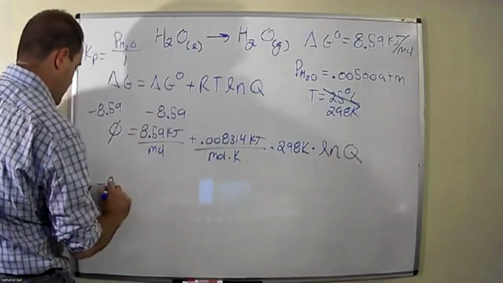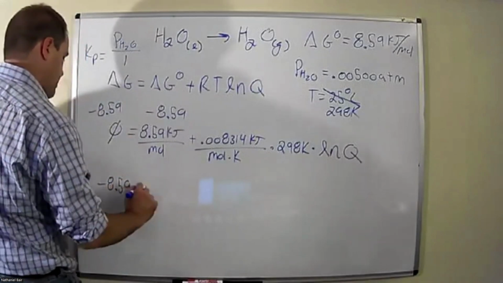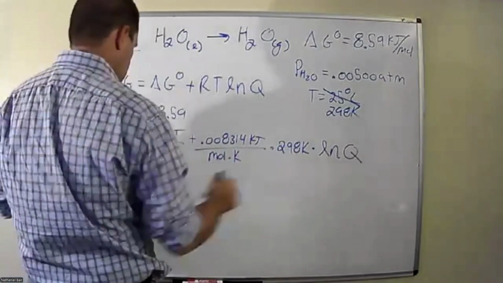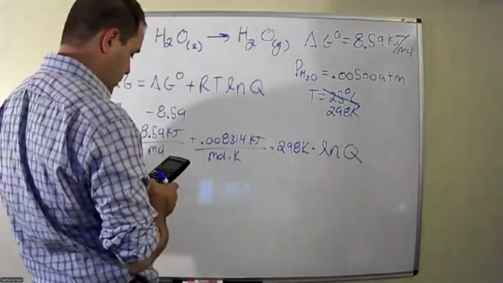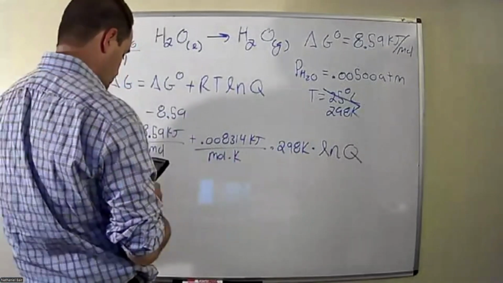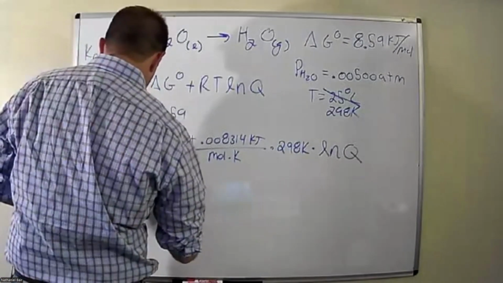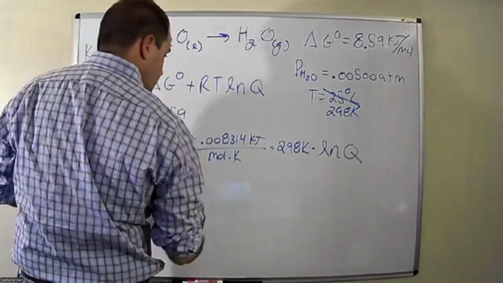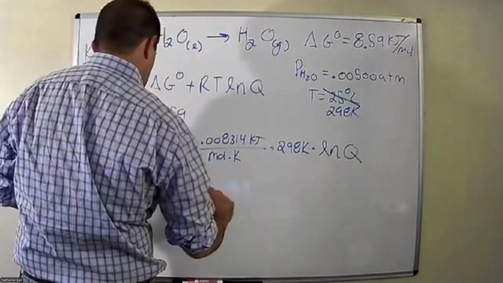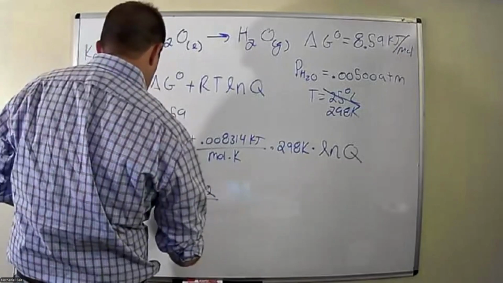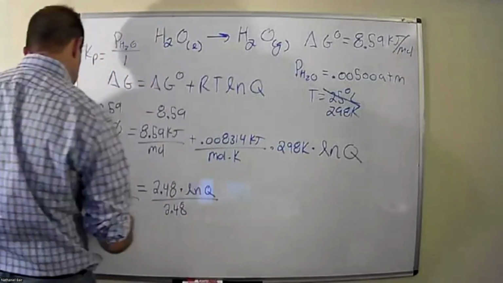So negative 8.59 equals, I'm going to multiply those two, 0.008314 times 298. That's 2.48 times the natural log of Q. I'm going to divide both sides by 2.48.